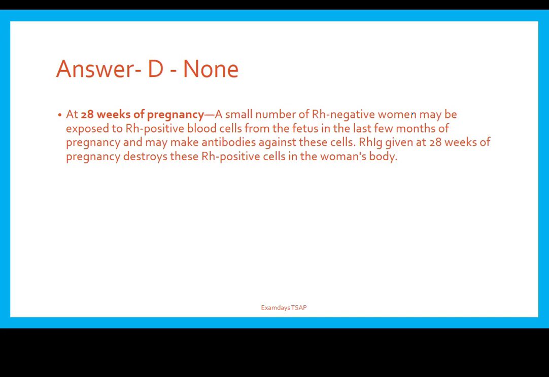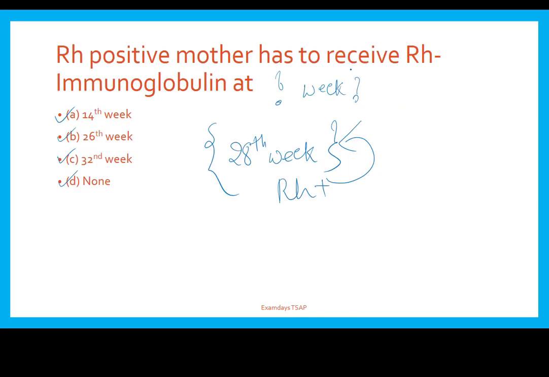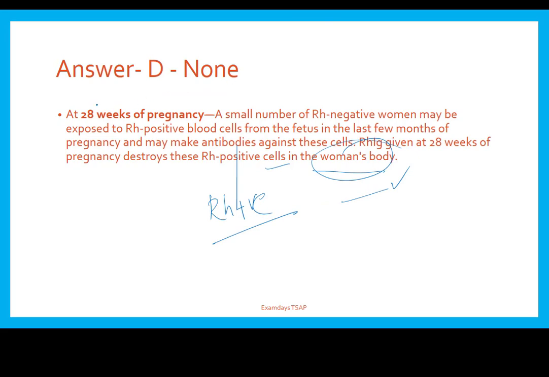It makes antibodies against these cells, where Rh immunoglobulin given at the 28th week of pregnancy destroys these Rh positive cells in the woman's body.